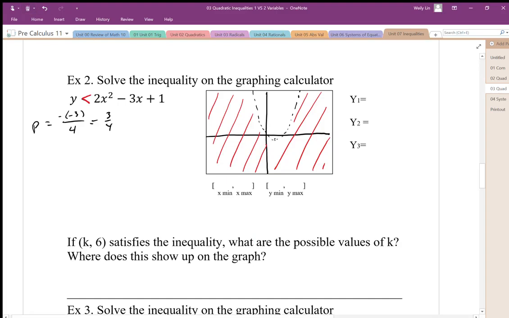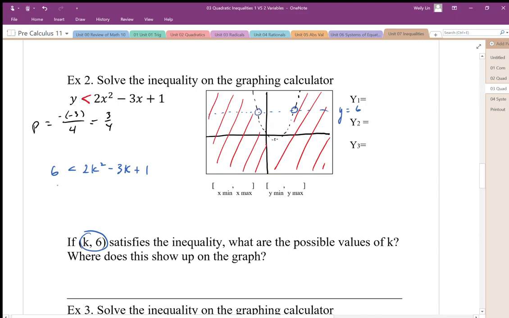In essence, I'm setting this up as a one variable inequality, and I really just need to know where the zeros of this one variable inequality are. Now there's two ways I can do this. I can draw y equals 6 and figure out the values where y equals 6, but essentially I'm looking for these values here.